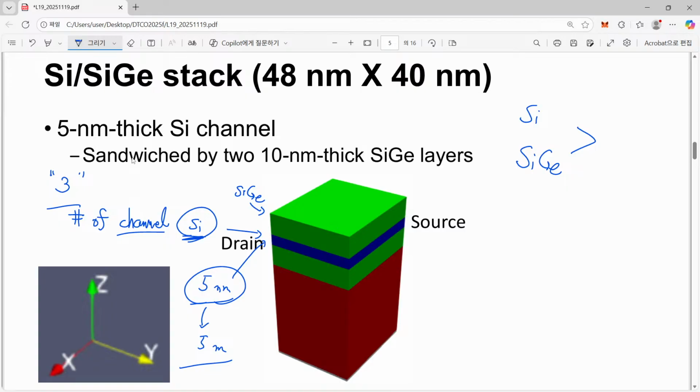In reality, we have quite a good selectivity, higher than 10 to 1. That selectivity is achievable with a certain germanium content, but still we have to consider a slight loss of the silicon channel, which we do not consider here.